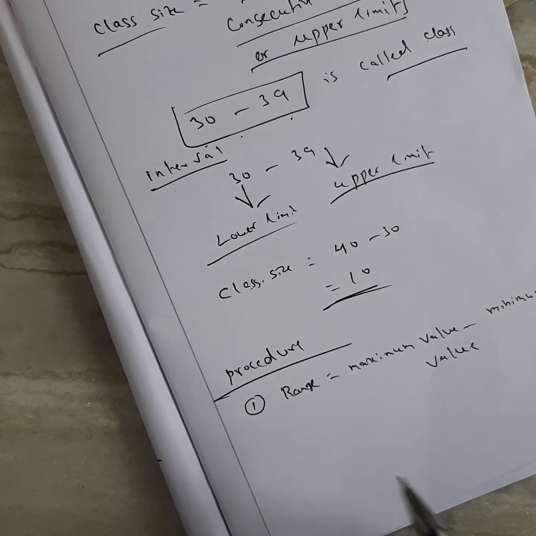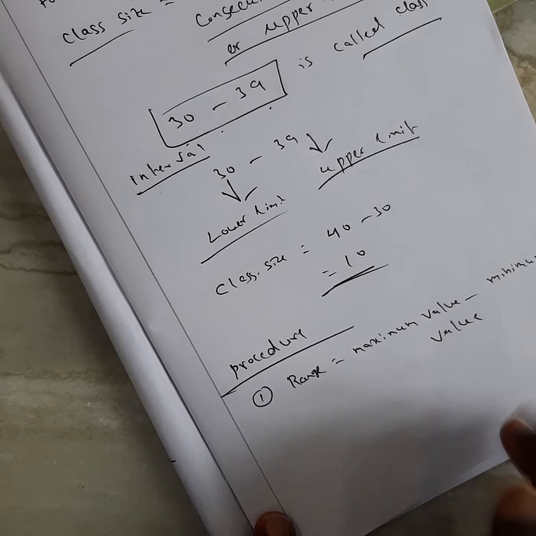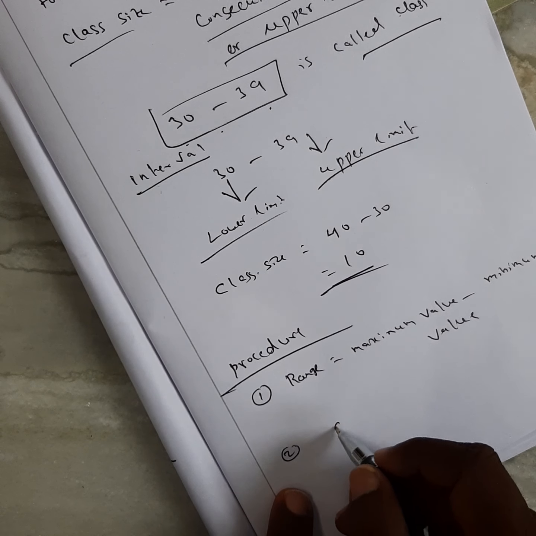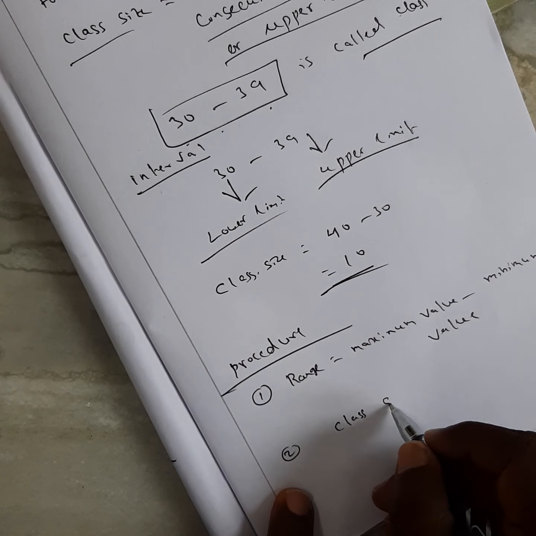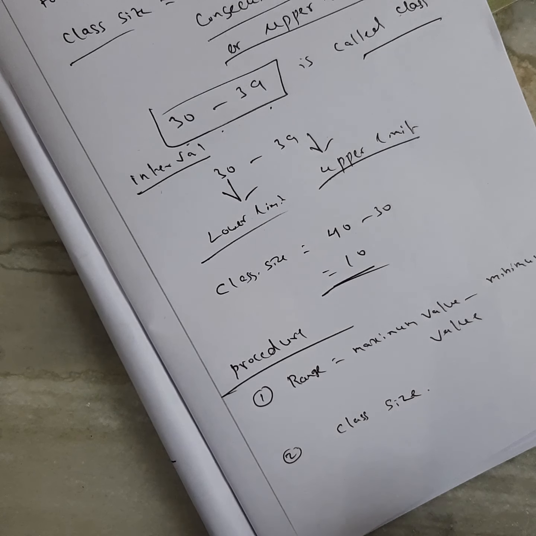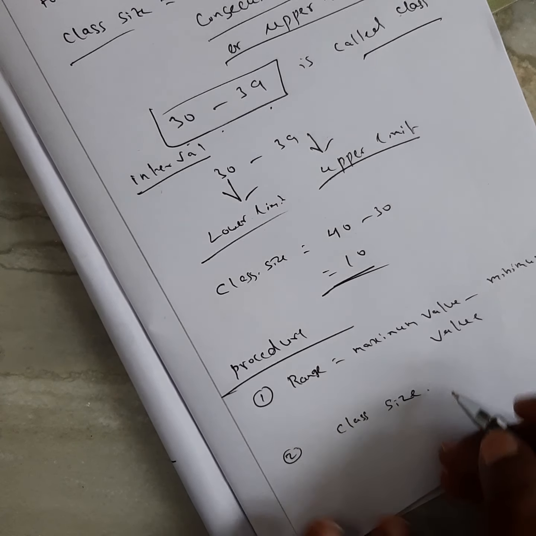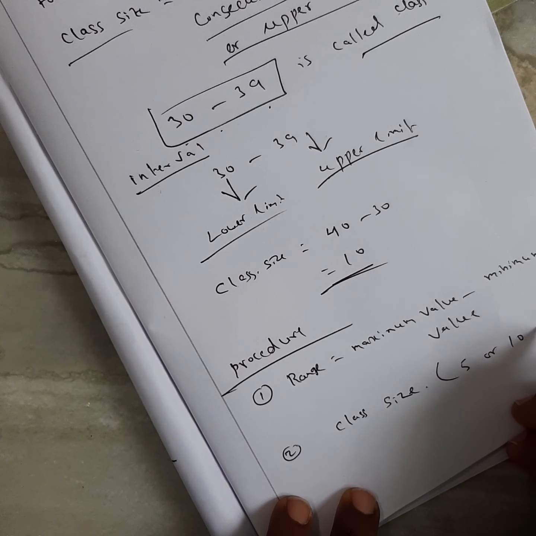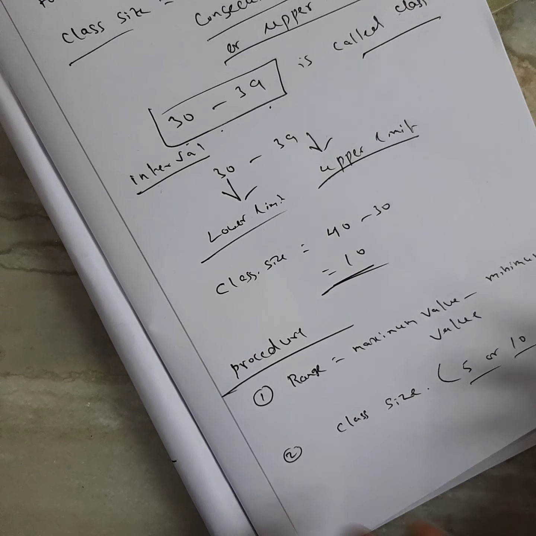Children, first you have to select the minimum value and the maximum value. Second thing, we have to select the class size. Class size you can generally take as 5 or 10 or 15 or 20, depending on the data.